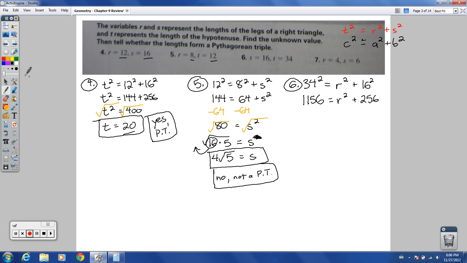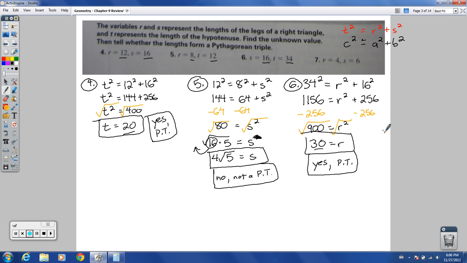You subtract 256 from both sides. That leaves you with 900 right there. So we have 900 equals R squared. You take the square root of both sides, and you have that 30 equals R. Is that a Pythagorean triple? Do you have 3 whole numbers right here, here, and here? Yes, you do. And so you have another yes. You have a PT. You have a Pythagorean triple.